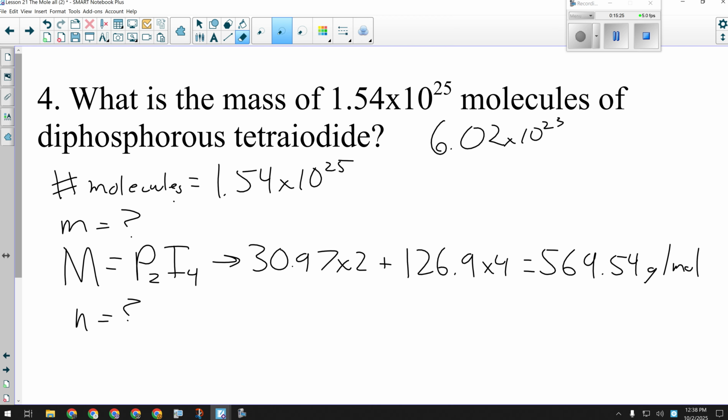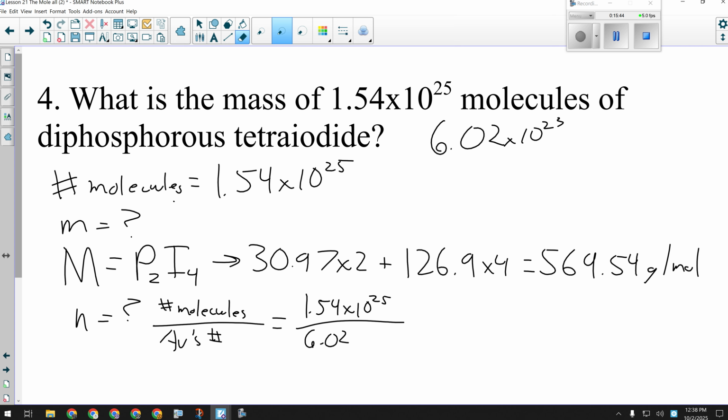Okay, so N is going to equal the number of molecules divided by Avogadro's number, because that's the number in 1 mole. So we take our 1.54 times 10 to the 25, and we divide it by 6.02 times 10 to the 23.